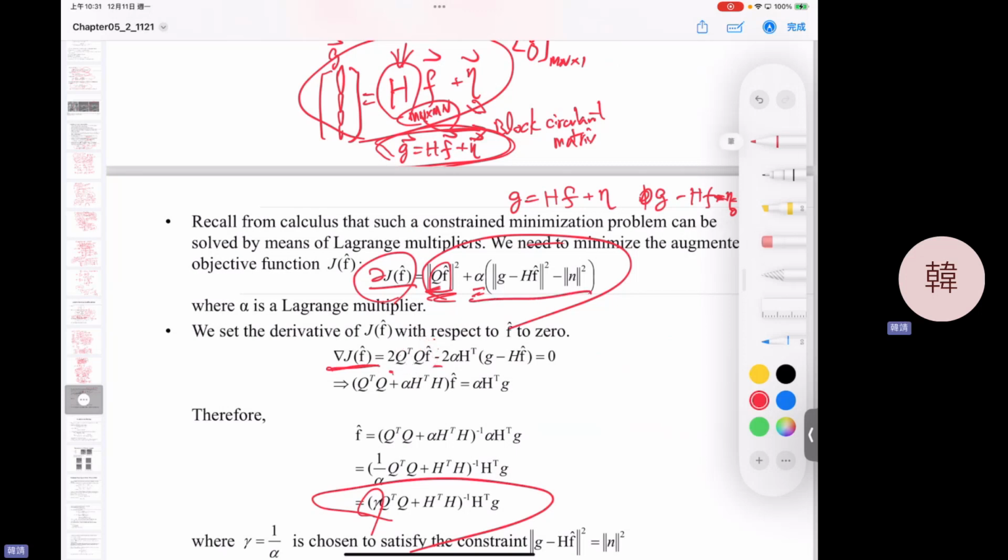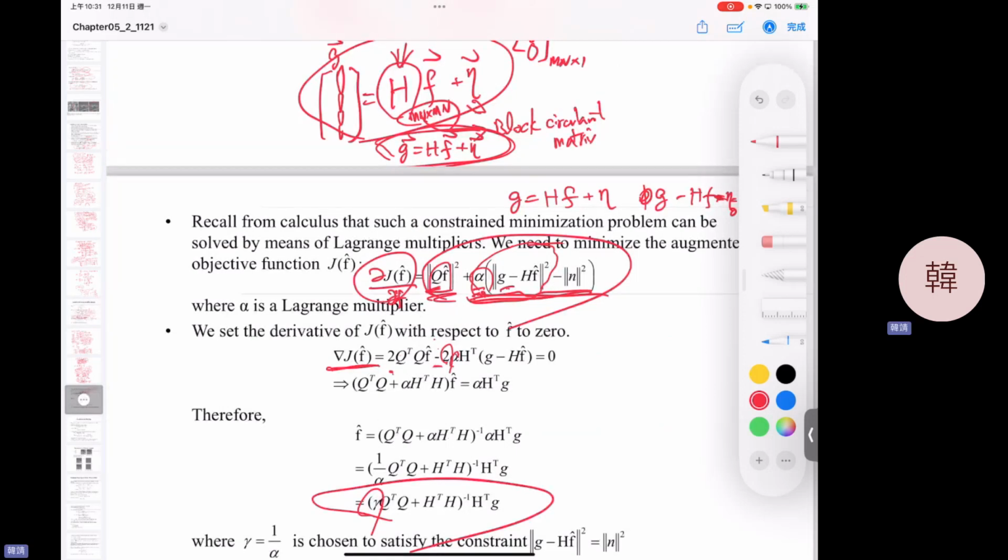And for the second term, derivative with respect to F. Okay, so what's the result? For this one, the first term, the alpha, the square, okay, square 2, you have to move to the front of that one, and the alpha, the same, the constant in front.